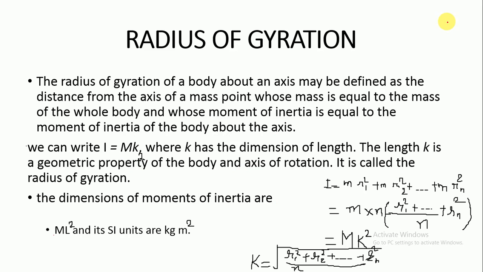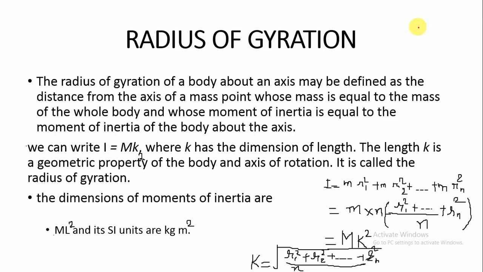The radius of gyration of a body about an axis may be defined as the distance from the axis of a mass point whose mass is equal to the mass of the whole body and whose moment of inertia is equal to the moment of inertia of the body about the axis.